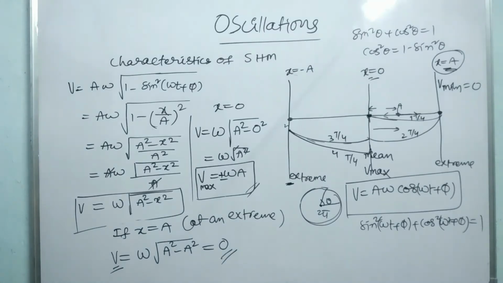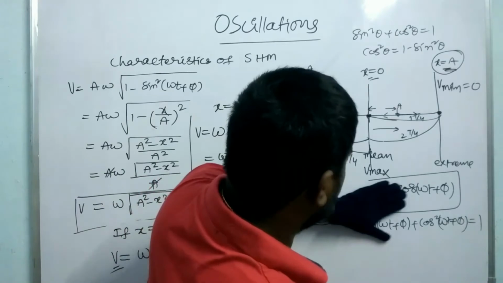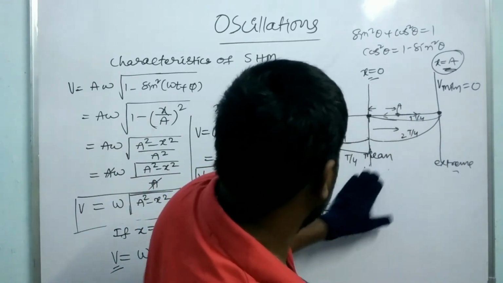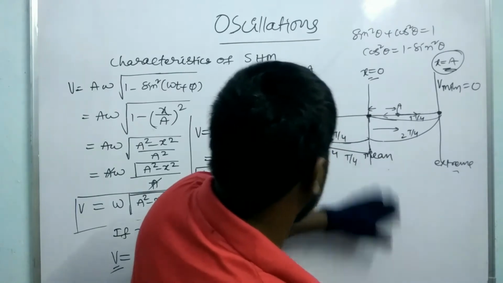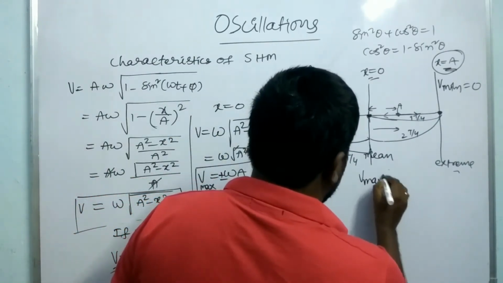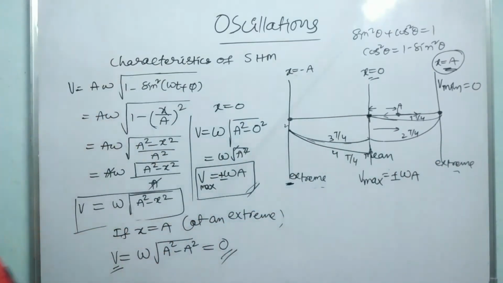Clear? So in simple harmonic motion, the maximum velocity of the particle, V maximum, is equal to plus or minus omega A. At an extreme point, V minimum is equal to 0.